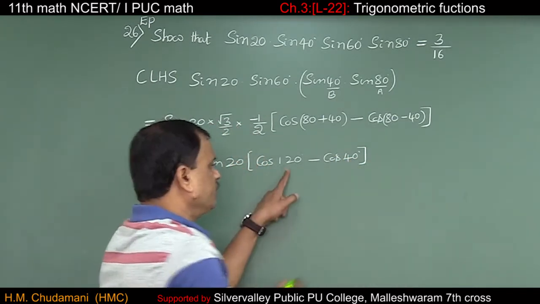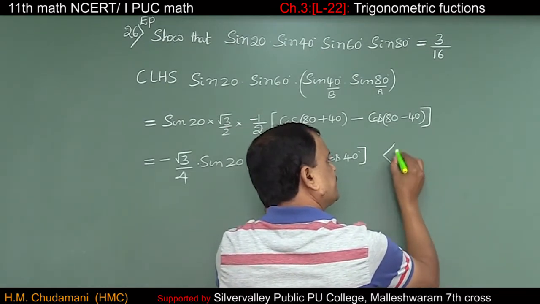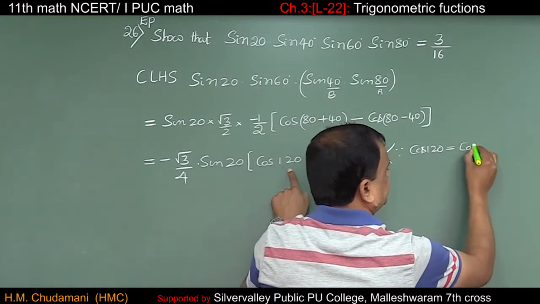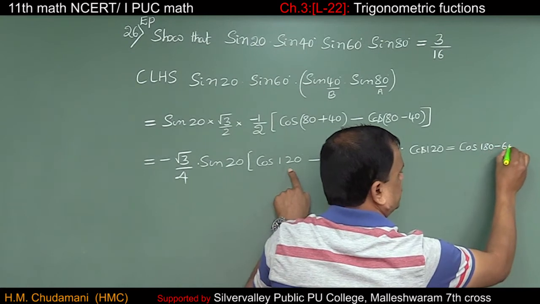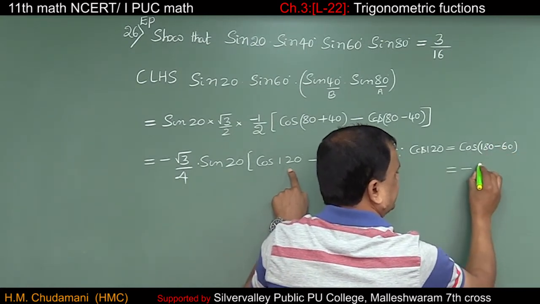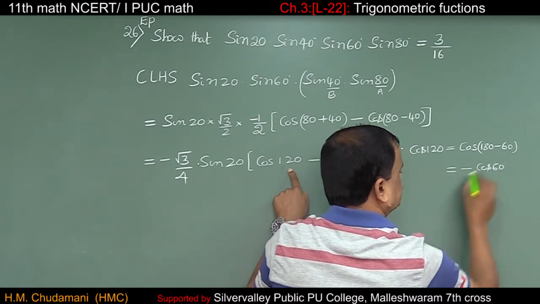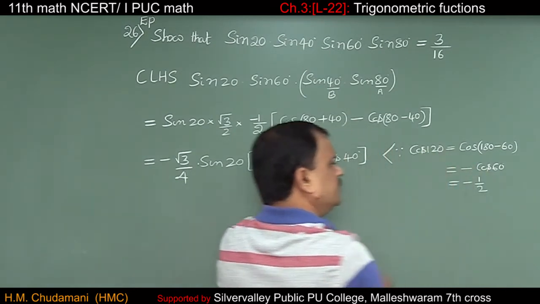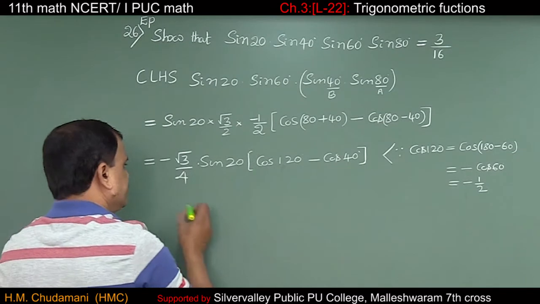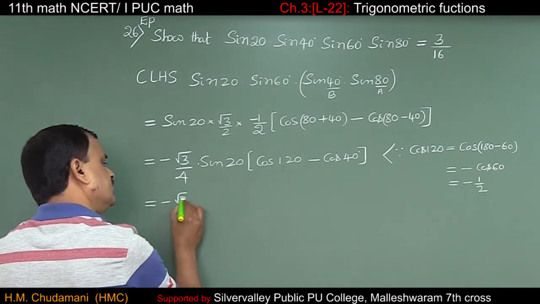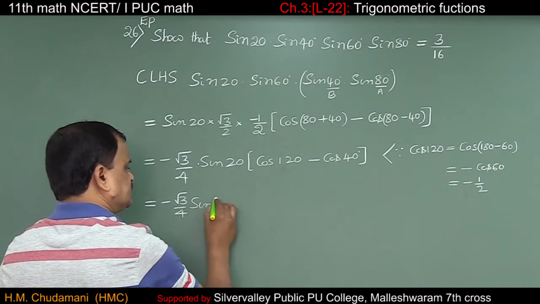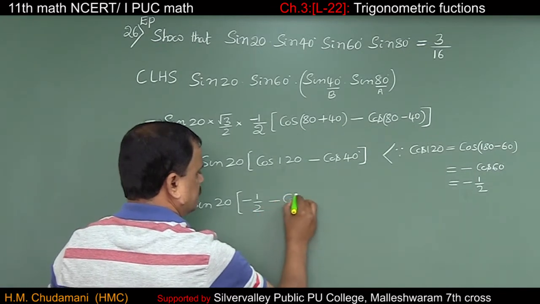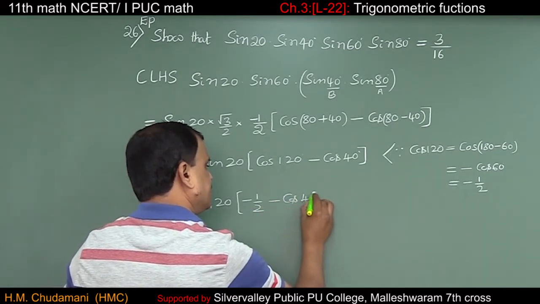120 can be written as 180 minus 60, which is second quadrant, so minus cos 60 degree, minus 1 by 2. Cos 60 degree is 1 by 2. So minus root 3 by 4 into sin 20 into minus 1 by 2 minus cos 40 degree.